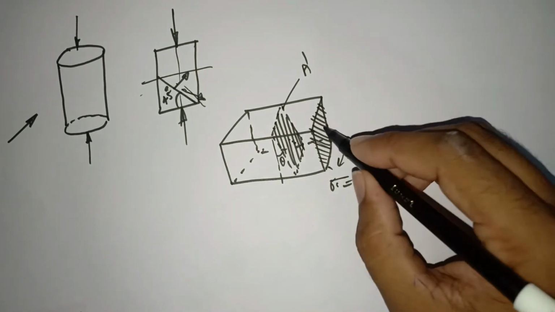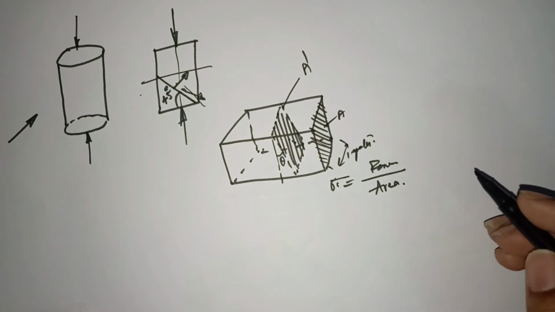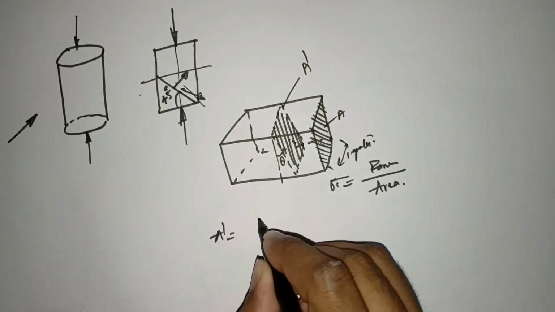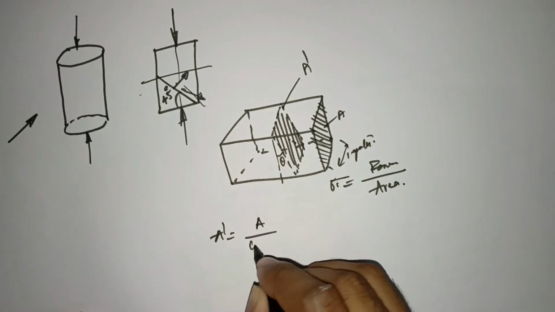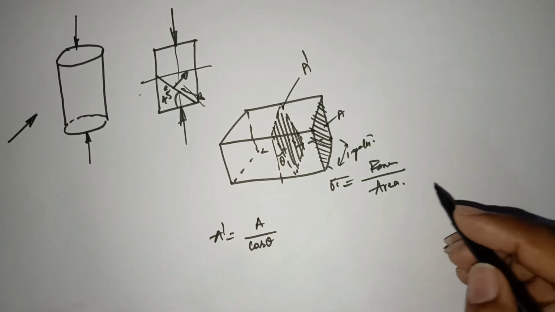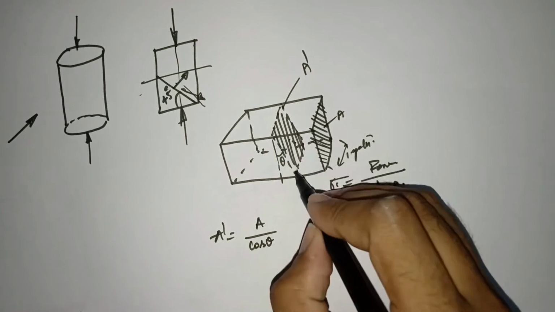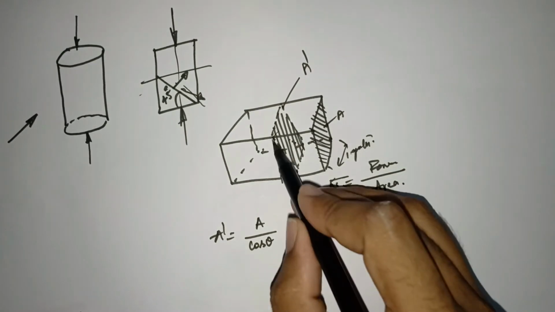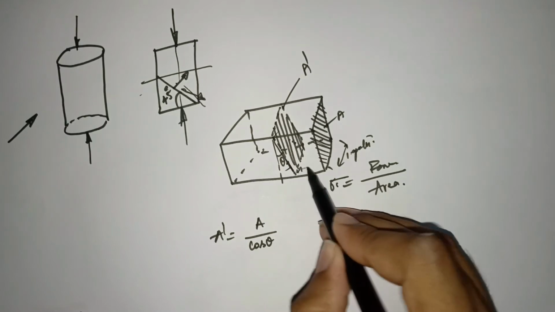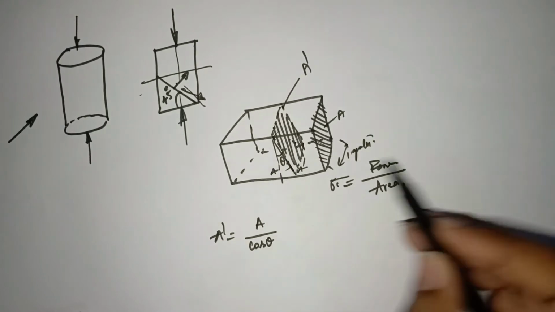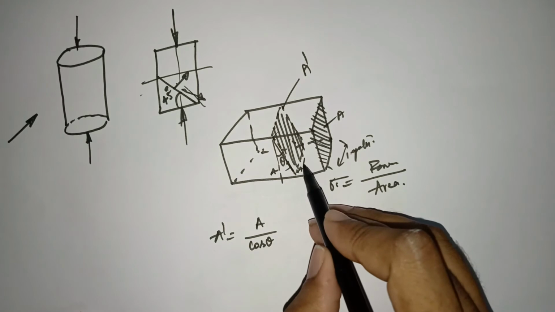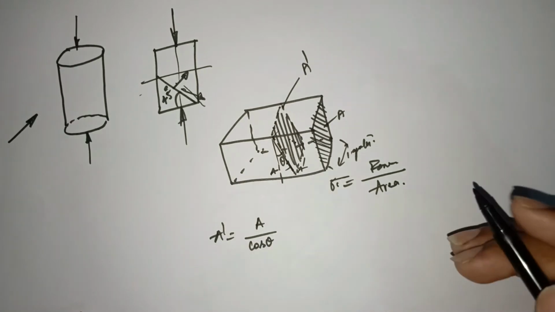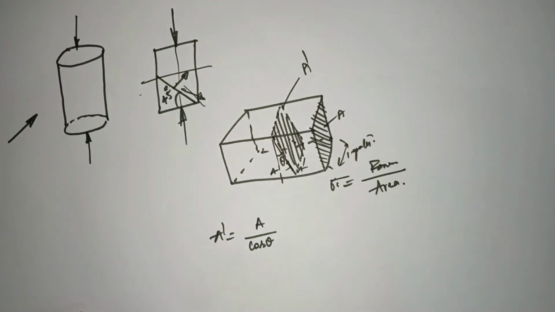If this is a, then A dash will be equal to a by cos theta. If you resolve A dash along this vertical plane, then A dash cos theta will be equal to a, so A dash equals a by cos theta. Clear? I hope it is clear.